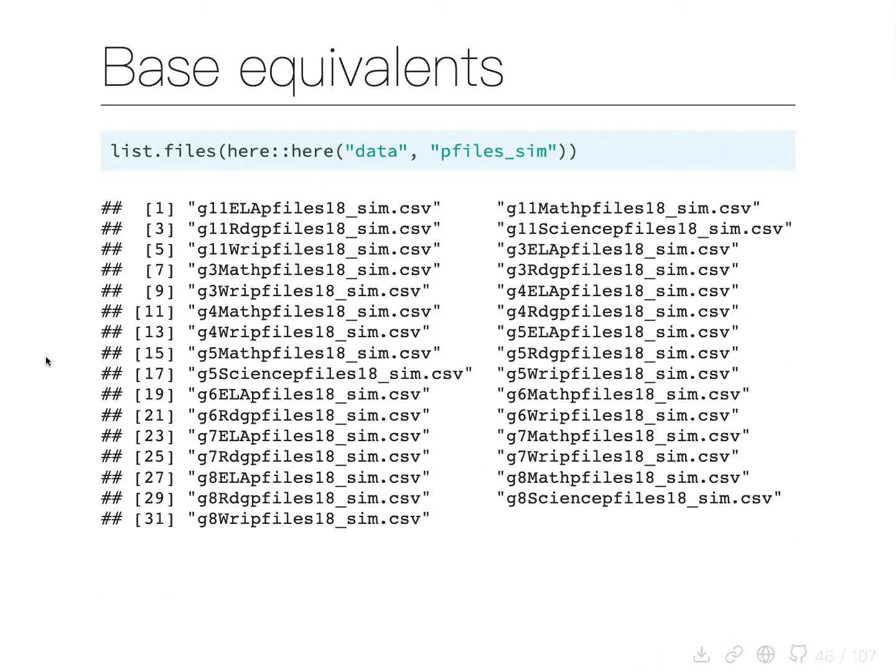Okay, I'm going to mention for just a second the base equivalents for fs. The one that you may have seen before is called list.files. I use list.files a lot. There's nothing wrong with it at all. If I call list.files on the p-file sim data, I get something that looks like this. Notice even though I'm in a nested directory, all I get back is the actual file name.